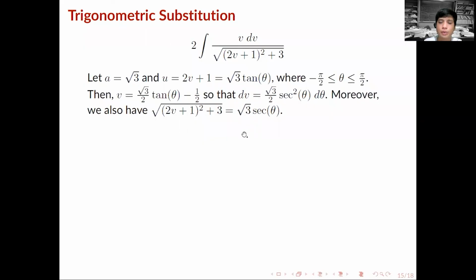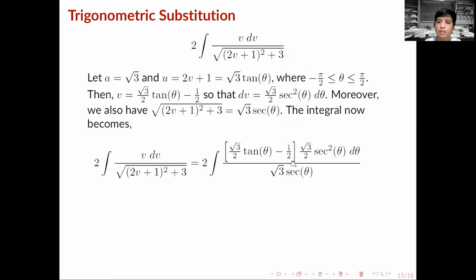Now that we have all we need, we can substitute these expressions to obtain this integral. And as you can see, we can cancel out secant theta, and this exponent will become 1. We can also cancel 2, and then after that, we will obtain this integral.